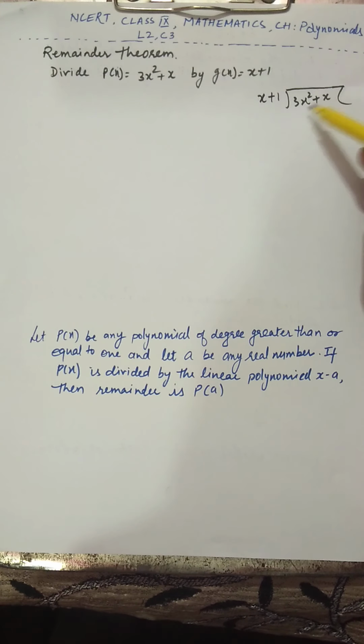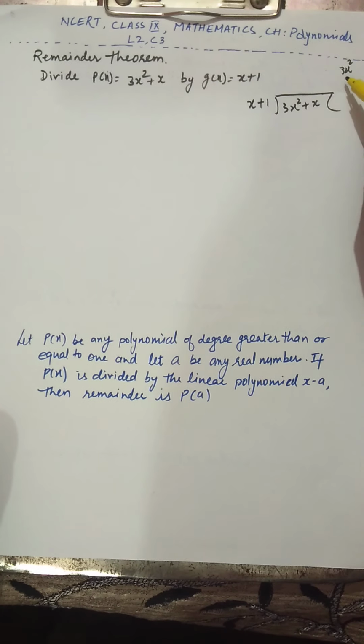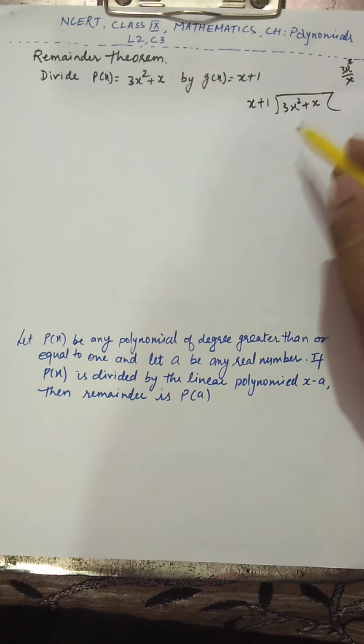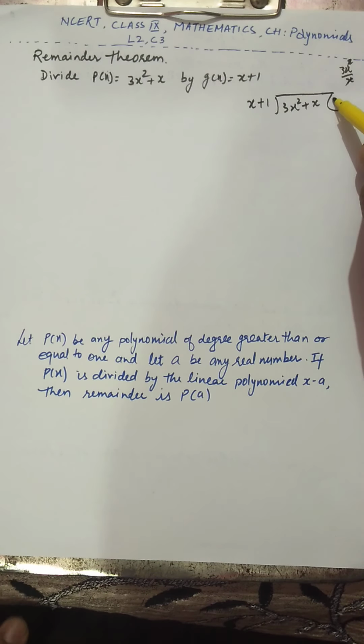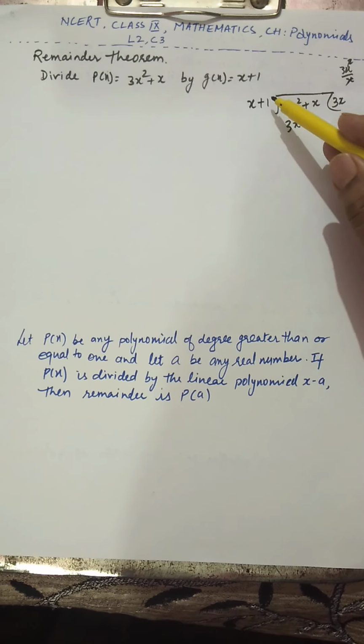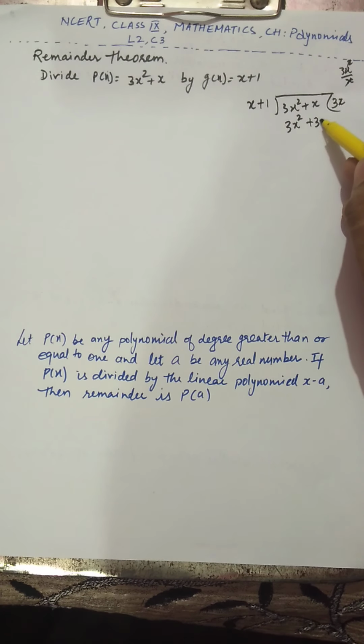So this first term, there is a rough work that you can do. This is the first term of the dividend, divided by the first term of your divisor. So this will come as 3x. That 3x will be the first term of the quotient, and then this 3x has to be multiplied by this x. So this comes as 3x², and again you multiply 3x by 1, so this comes as 3x.